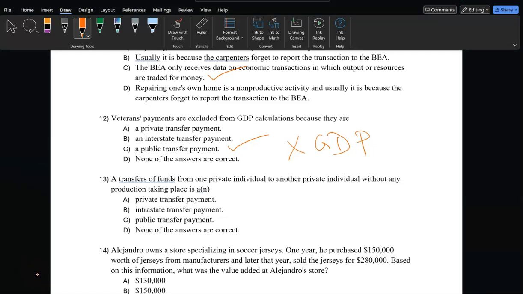Looking at question 13, a transfer of funds from one private individual to another. This can be allowances given by parents to children. This is an example of private transfer payment.